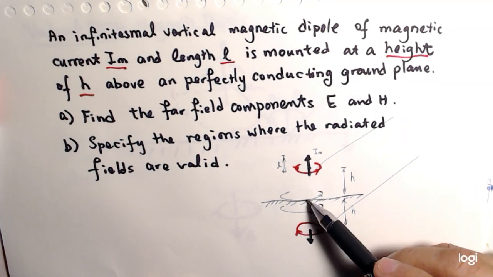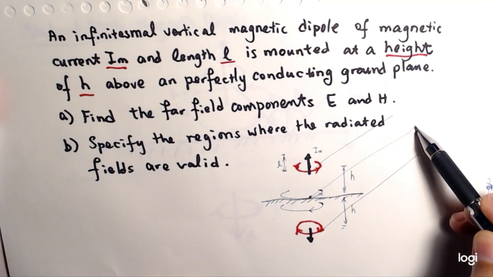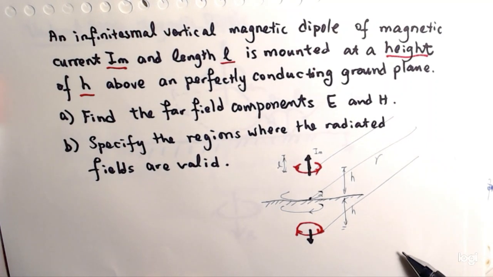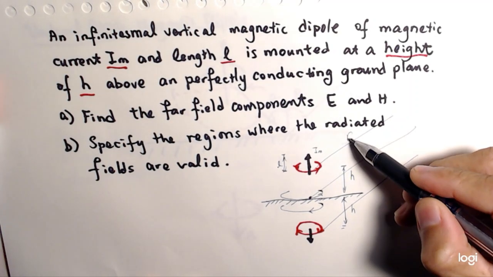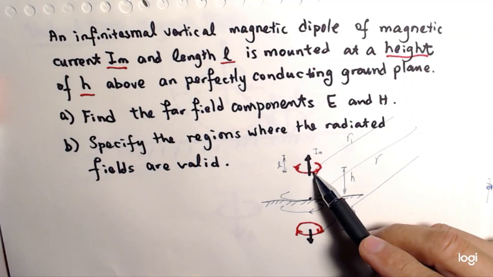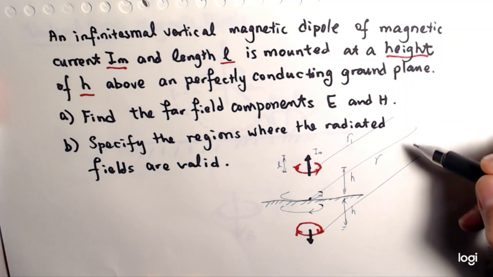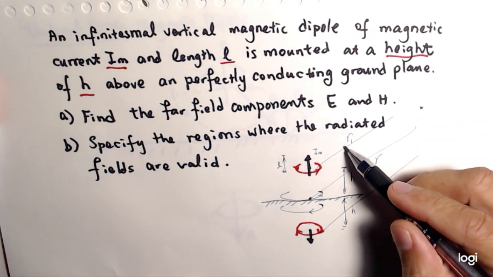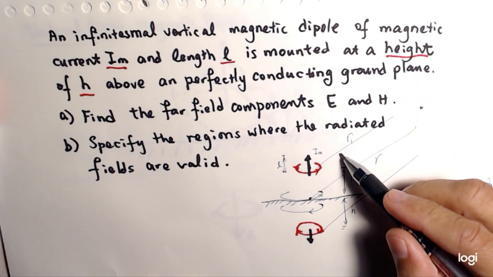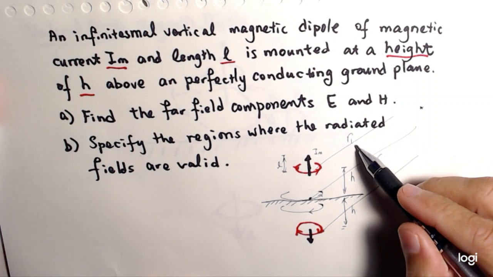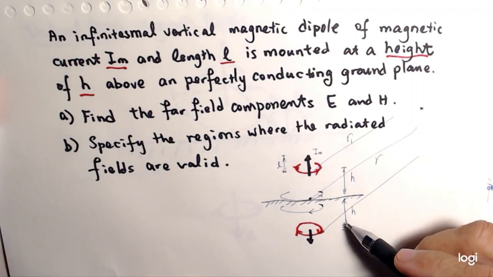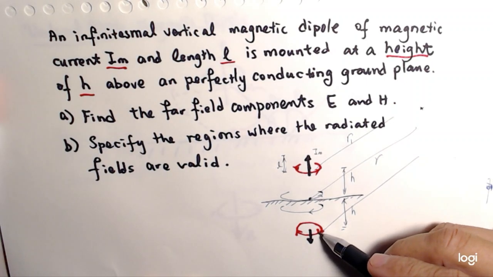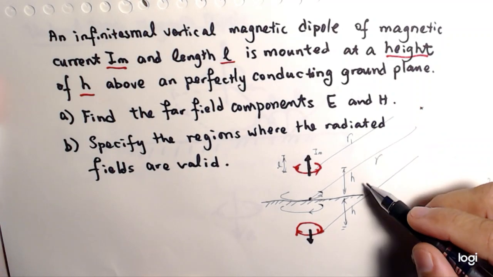So suppose that this is the ground region. The length here is R, and this one is R1, the physical antenna. If the observation point is here, then the length of this pathway is R1. The length of the pathway between the image antenna and the observer is R2.